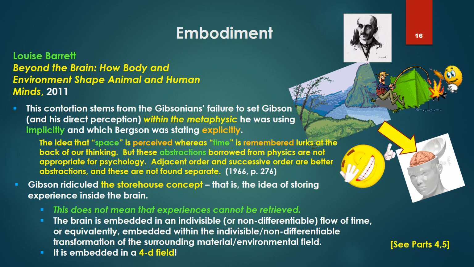But this does not mean that experiences cannot be retrieved, because the brain is embedded in an indivisible or non-differentiable flow of time, or equivalently, embedded with the indivisible, non-differentiable dynamic transformation of the surrounding matter field. Therefore, the brain is embedded in a 4D field, a field which it can access.